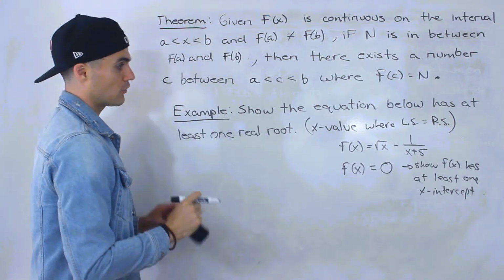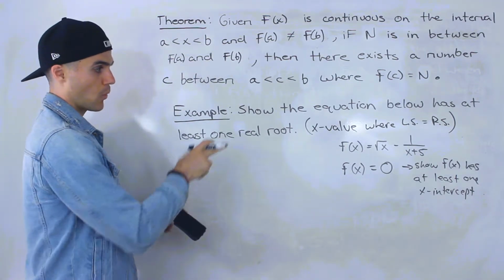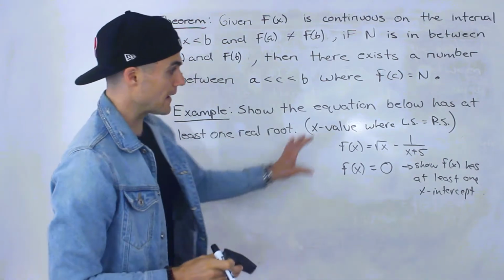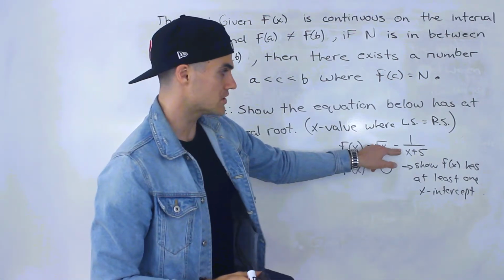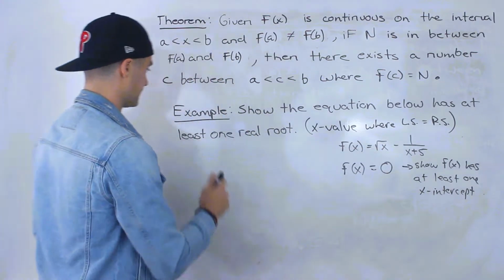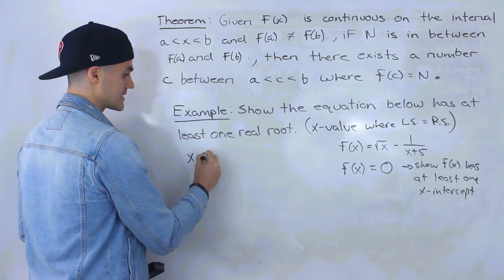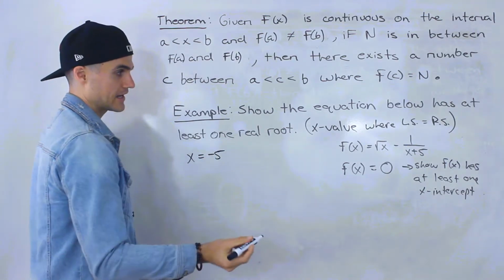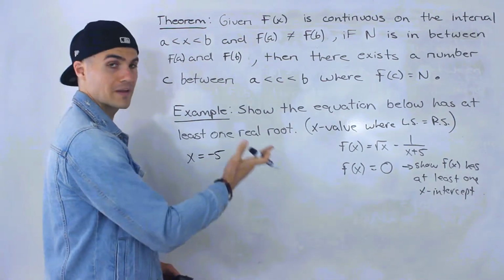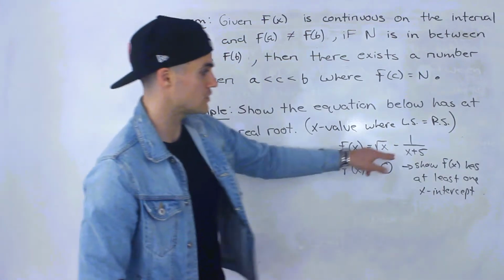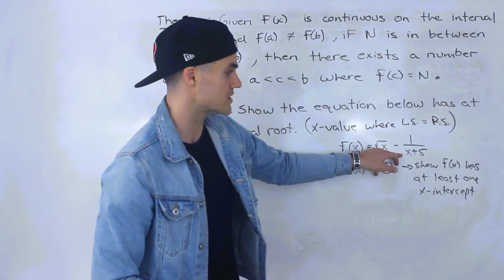So what I want to talk about first is where this function is going to be continuous. Just by looking at it, notice how this denominator is going to be 0 when x is equal to -5, which would make the function undefined. So x cannot equal -5. You can see that from this expression, 1 over x plus 5.